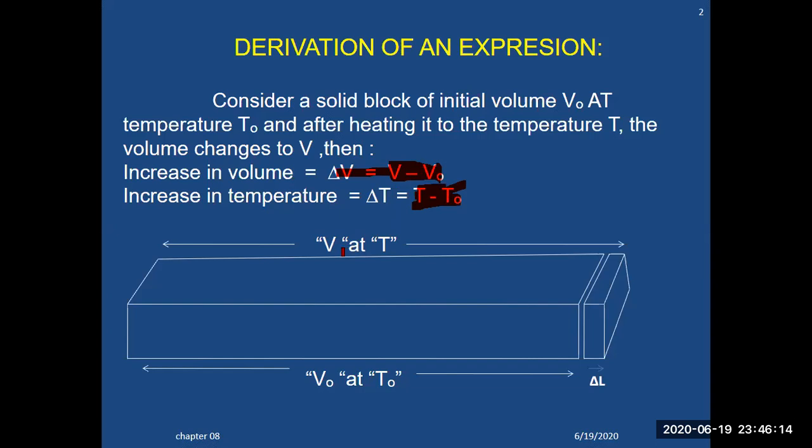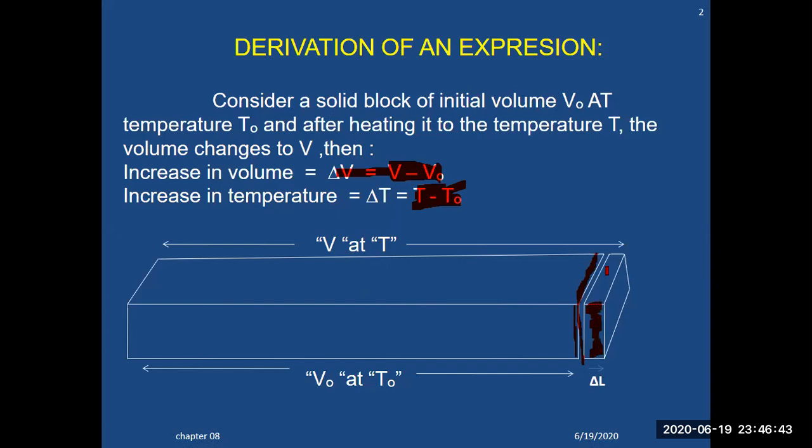Here is the volume at temperature T naught, and here is the volume at temperature T. At low temperature, the volume of the block is this one. But when we increase its temperature further, this is the increase in the volume.